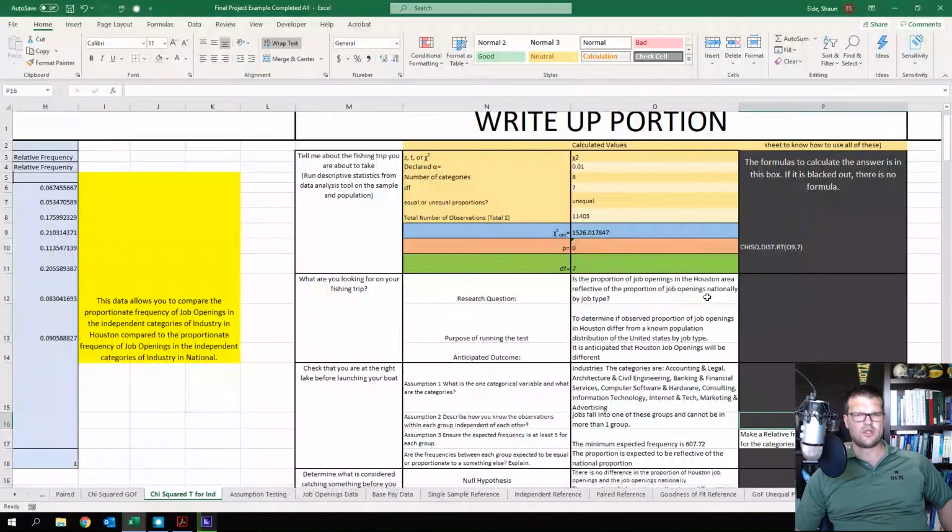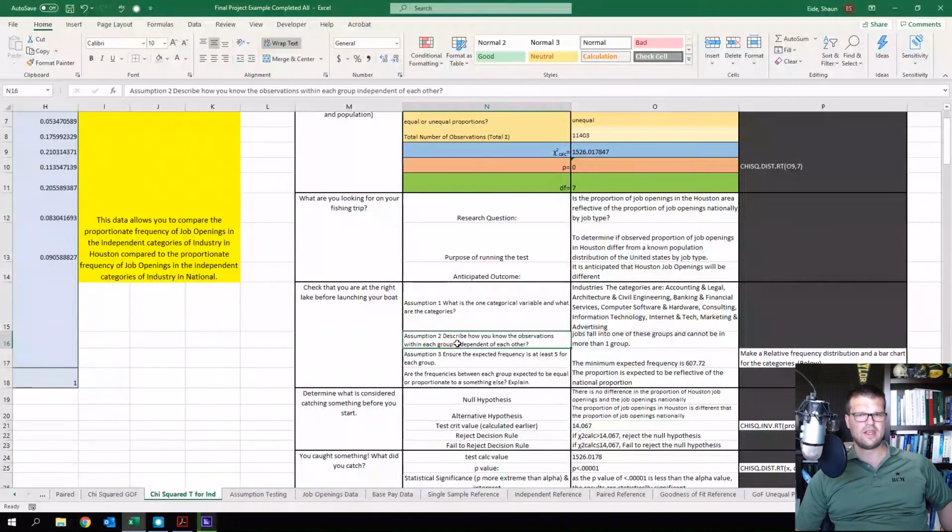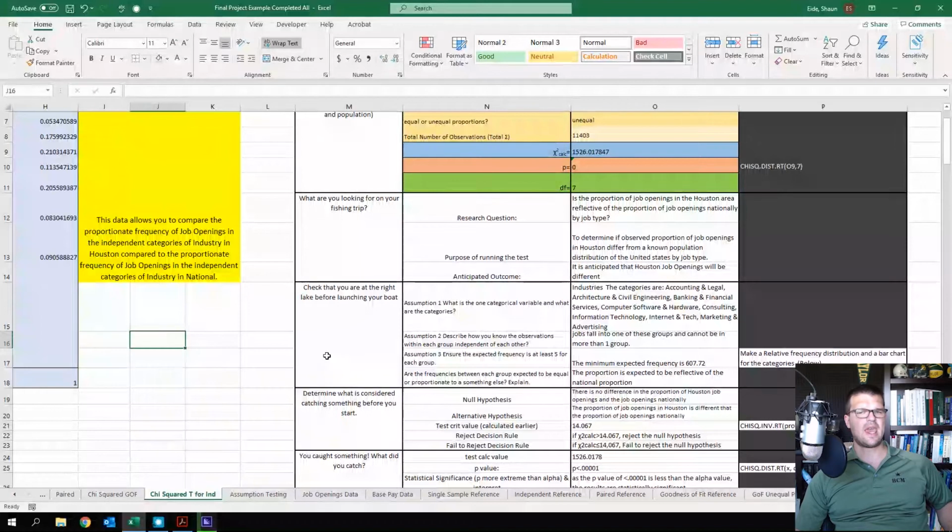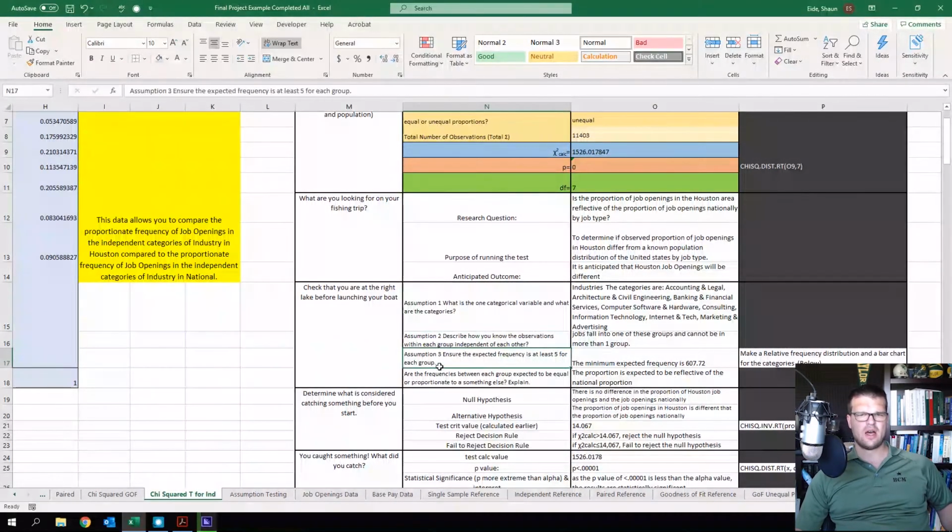Next, assumption 2: describe how you know that each observation is independent of each other. Basically, a job falls into one of those categories. It cannot be in more than one category, therefore they are independent of each other. And then assumption 3: ensure that the expected frequency is at least 5 for each group.